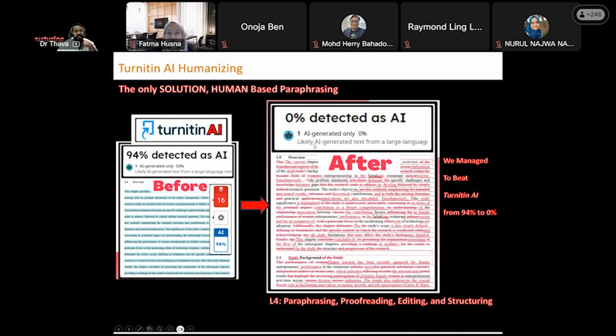That means when we touch the document and paraphrase it, like this one, 94%. A lot of students get mistaken. They use Turnitin AI humanizing tools that many people recommend on TikTok. They get cheated, they go and pay, they buy, they paraphrase. Students, mind you, cannot see this.